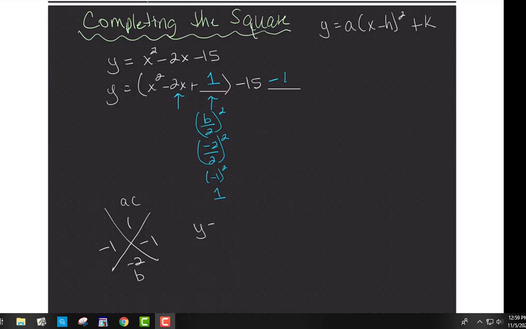So now I have y equals. I can rewrite this quadratic as x minus 1, x minus 1. And what's negative 15 minus 1? Negative 16. So y equals x minus 1 squared minus 16.